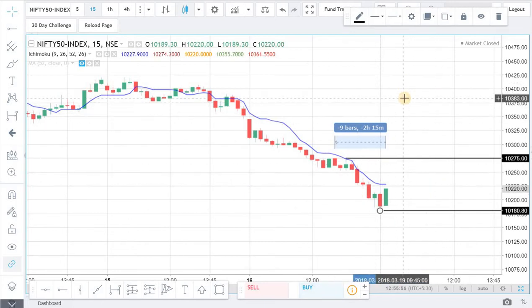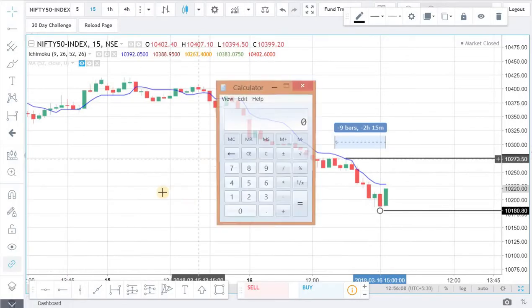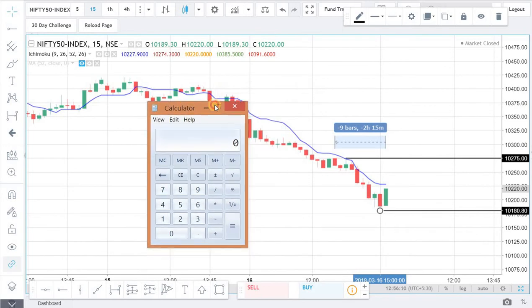And what does that actually mean then in that case? So you have these two lines, and this is nothing but the midpoint of the same thing. Okay, so if I have a calculator, the old calculator, how much was this? 275 plus 10,180.80 equals, divided by 2 equals 227.9, which I think should be what?